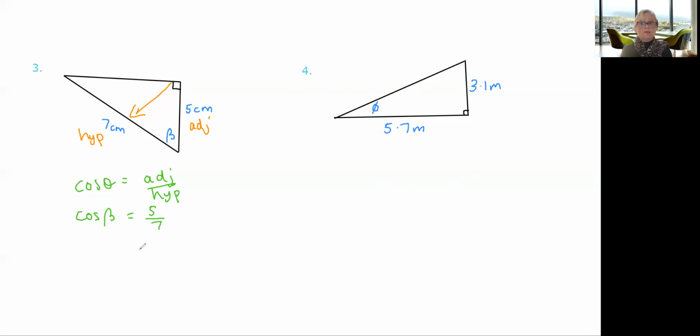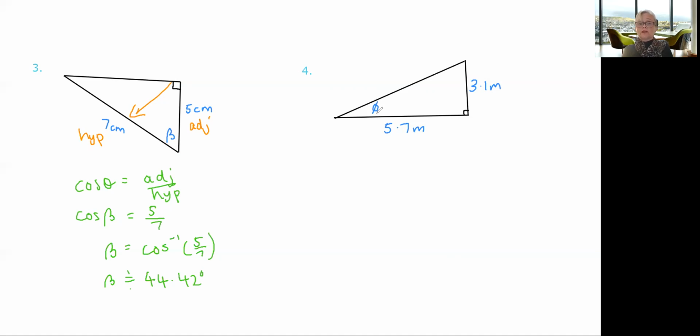We're doing the same sort of procedure as we did in the previous examples. We're sort of like undoing the cos. We're saying what angle has a cos of that? So we're doing inverse cos of 5 on 7. So using our calculator and rounding off, we should get 44.42 degrees approximately.